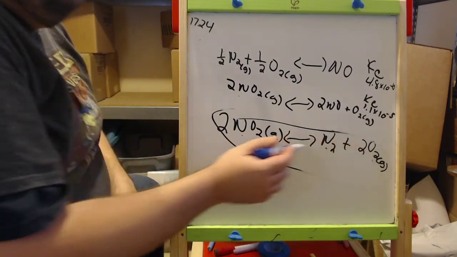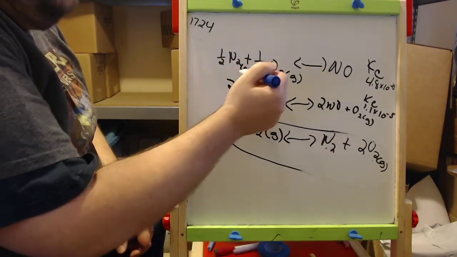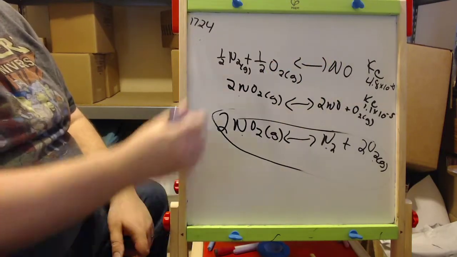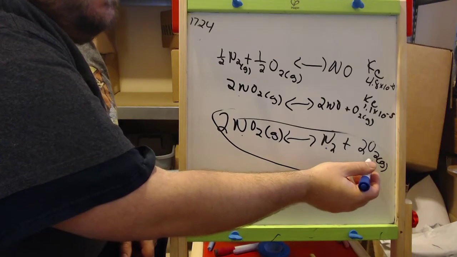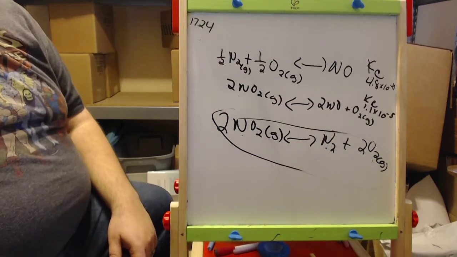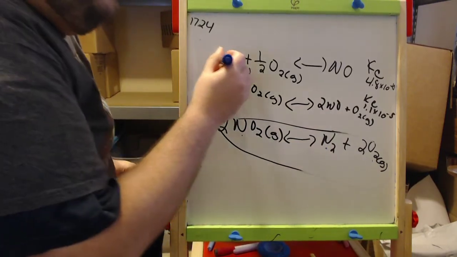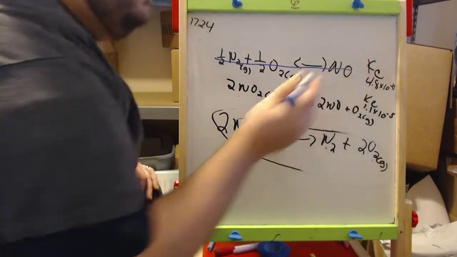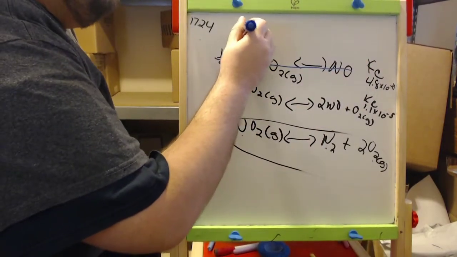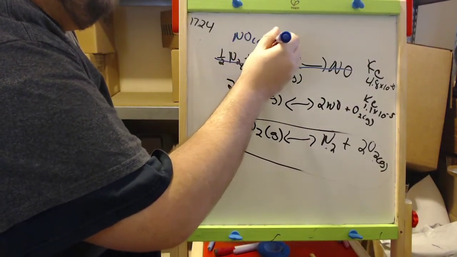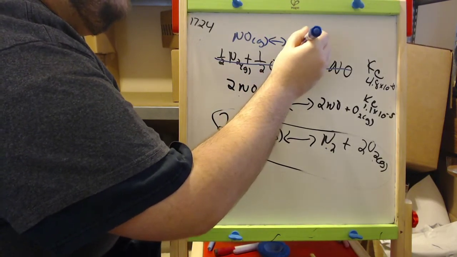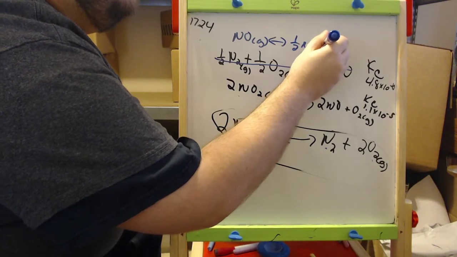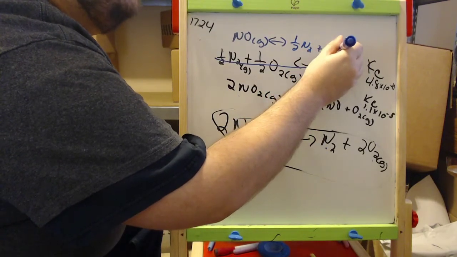N2 and O2 are on the incorrect side. They're on the reactants in this, and in our reference equation, they are on the product side. So we need to flip this top equation. That's our first step. So we'll have NO gas at equilibrium with 1/2 N2 plus 1/2 O2 gas.